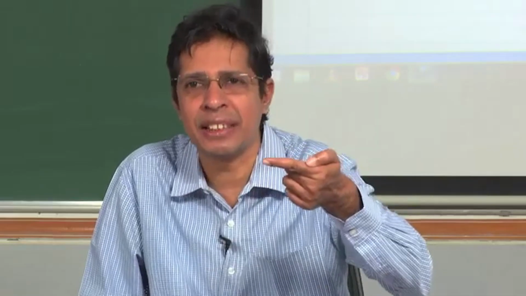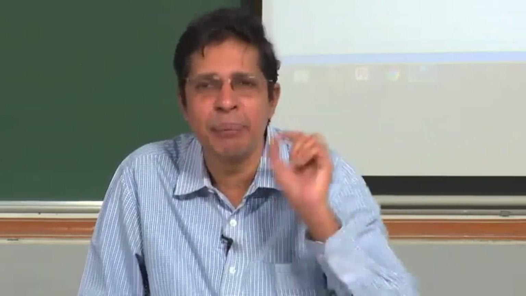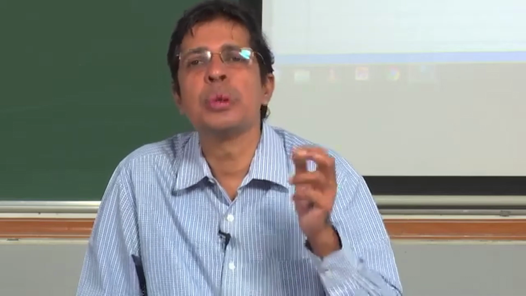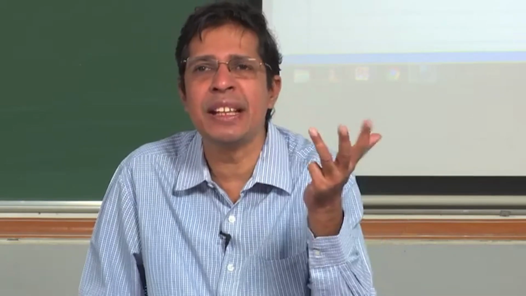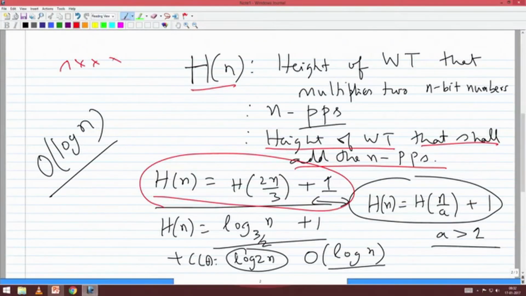In the first step we have n numbers, and in the second step I have 2n by 3 numbers, because every 3 numbers become 2. If I have 9 numbers, for example, these 3 become 2, these 3 become 2, these 3 become 2, so from 9 it becomes 6. Do you understand this?